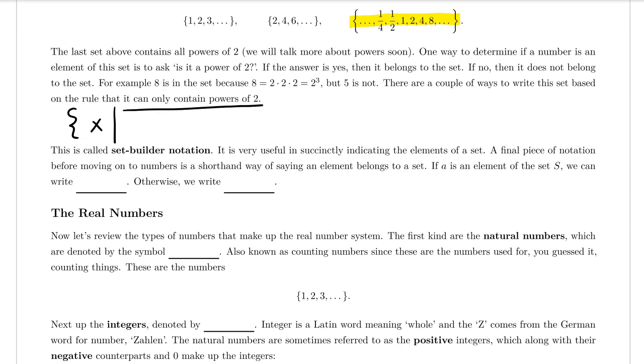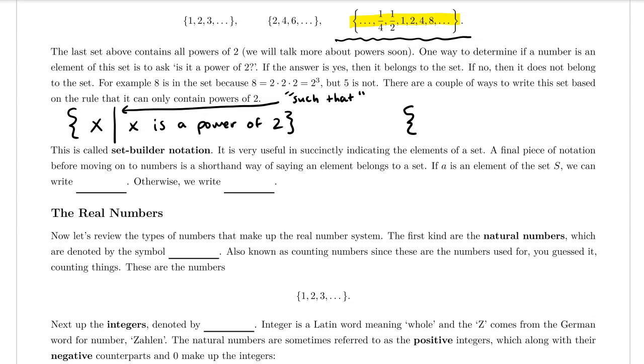So we have values of x such that x is a power of 2. So it turns out that I could just write a sentence like that. And this set describes this highlighted set here because it contains everything that is a power of 2.